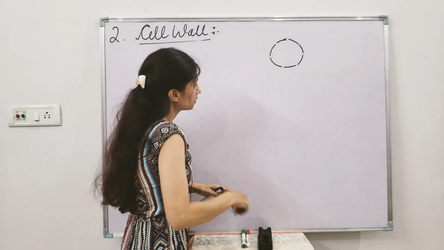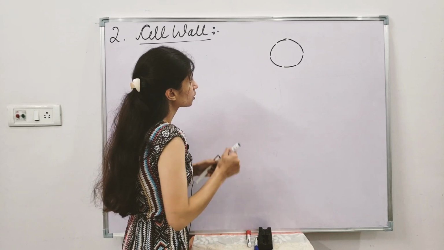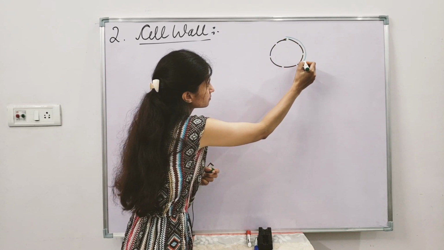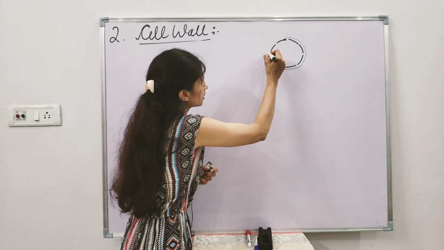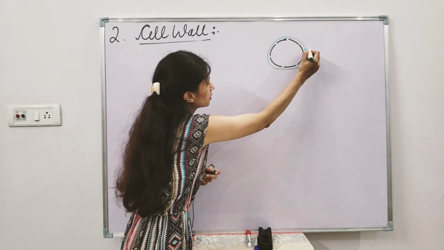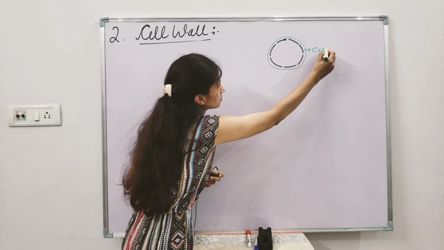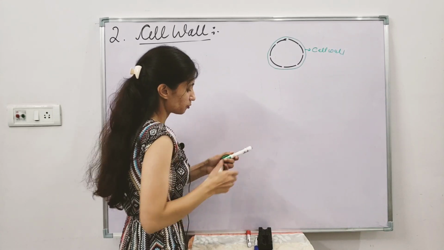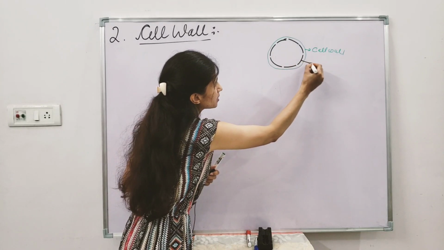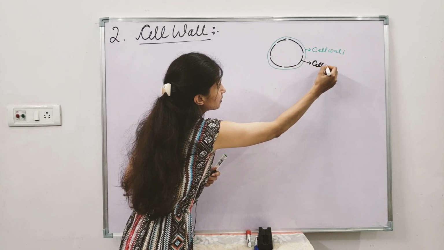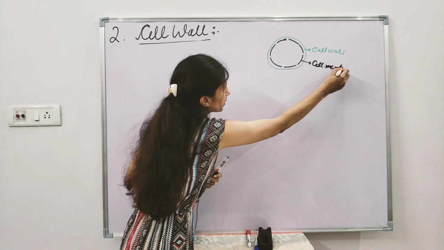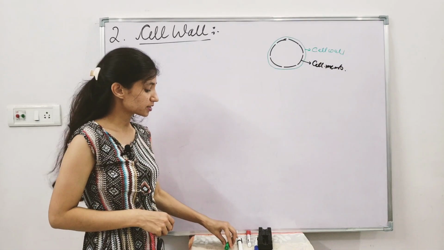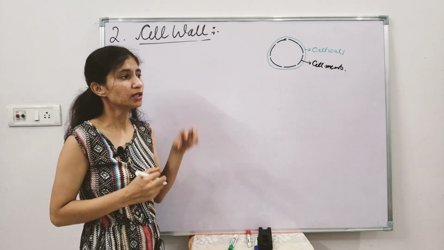Now, talking about the cell wall, this is your cell wall, and the one with the black color is your cell membrane.